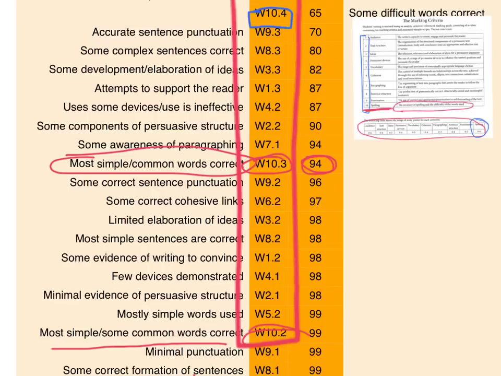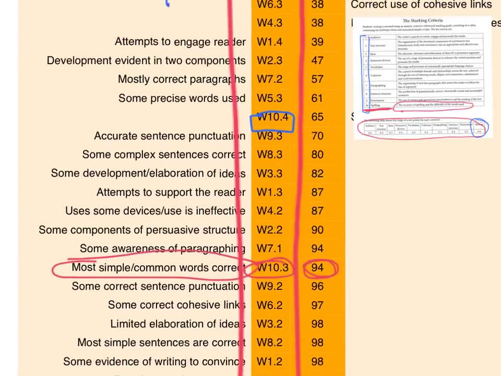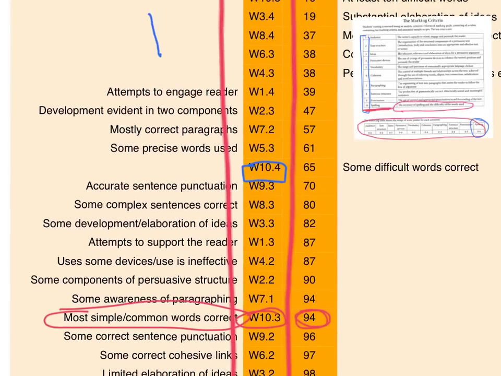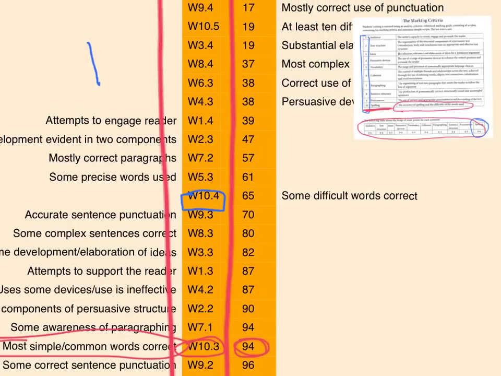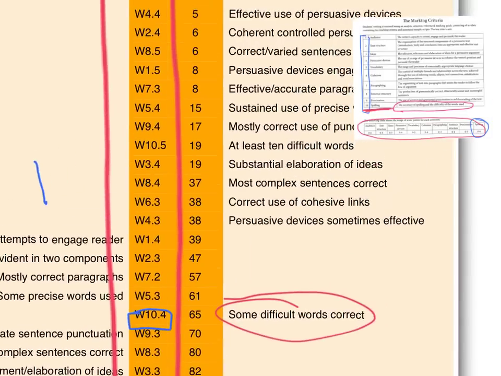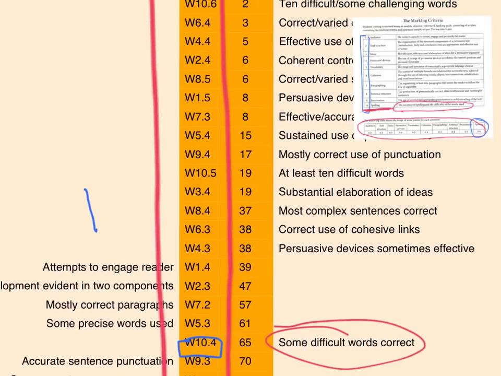Now, for this particular student, that is where his marks stopped for spelling, because as we can see here, the next mark, the 4th mark out of 6, is in the incorrect column. So some of the difficult words that he used in his writing task were not spelled correctly, and therefore he also would not have earned the 5th and the 6th mark for spelling.